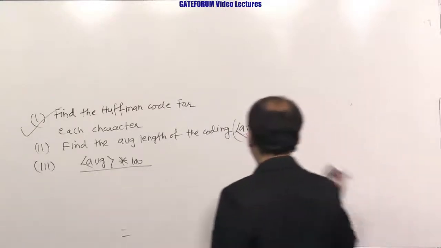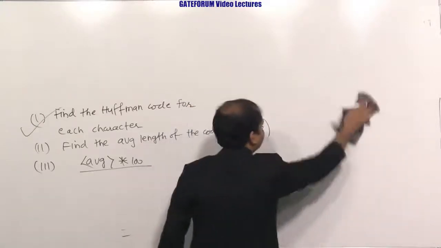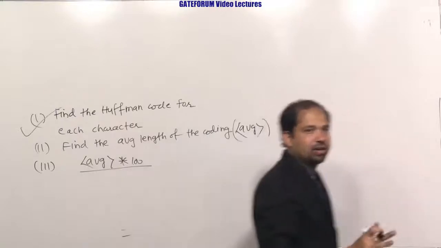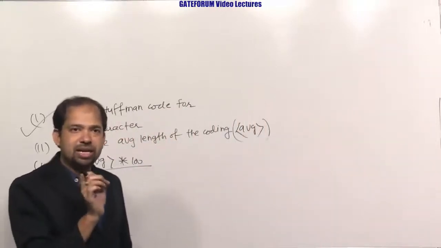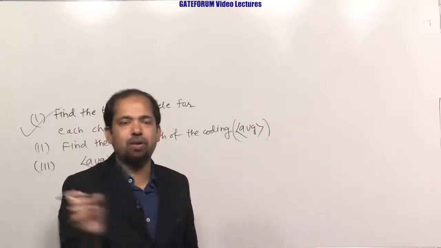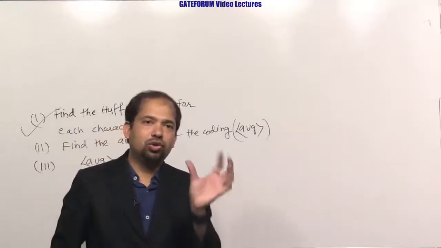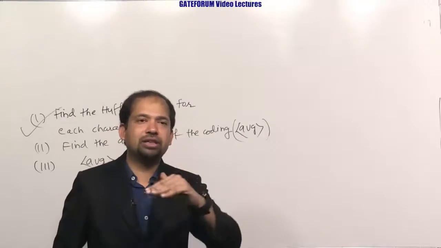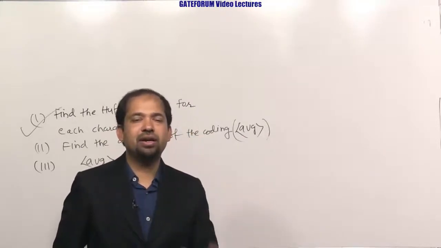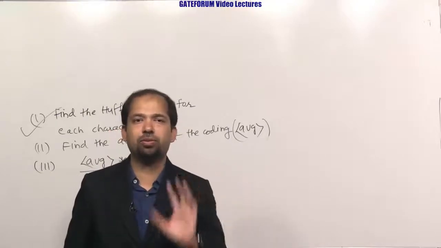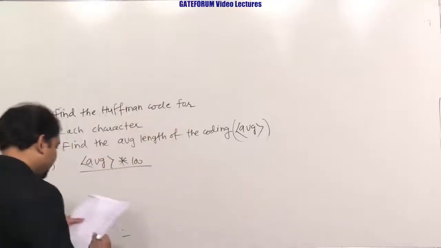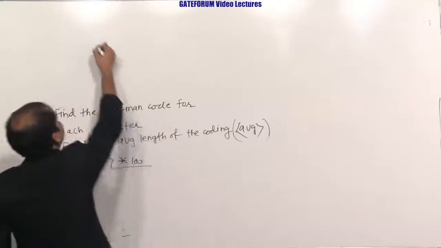For finding Huffman coding, we have to arrange the characters in ascending order of probability, take the 2 characters whose probability is least, and construct a partial binary tree whose parent has the sum of the probabilities of both.